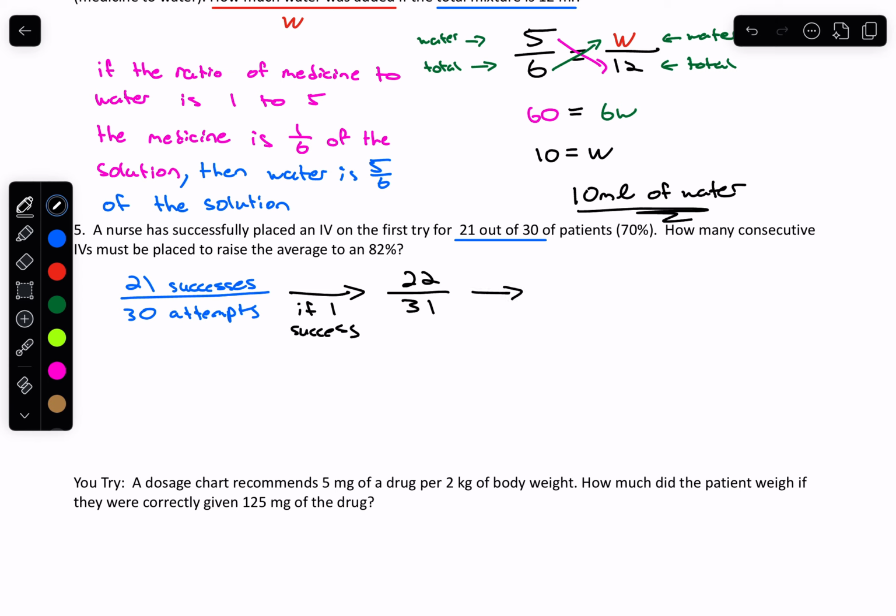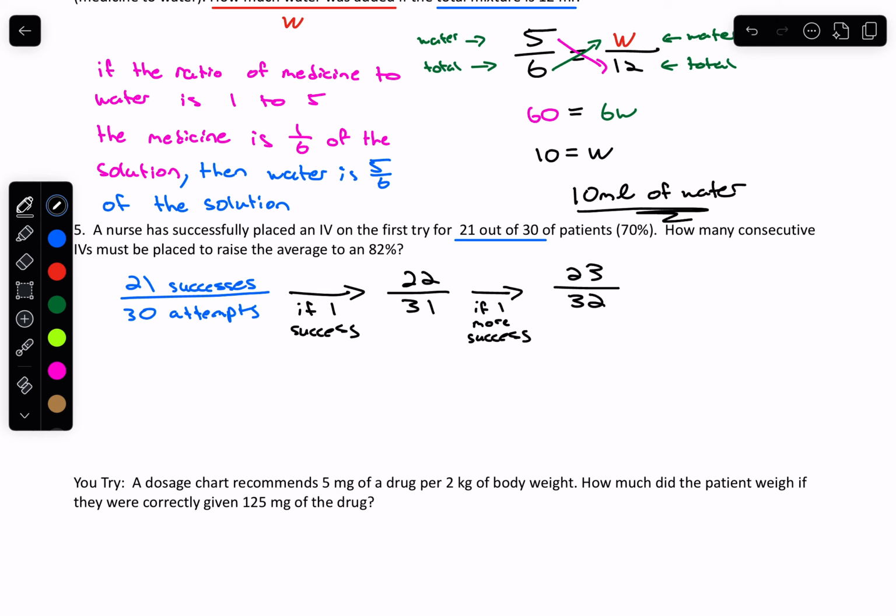So then if I'm successful again, then we would now have 23 successes out of 32 attempts, where again, we have to add one to both the number of successes and the number of attempts because we can't be successful without having an additional attempt.